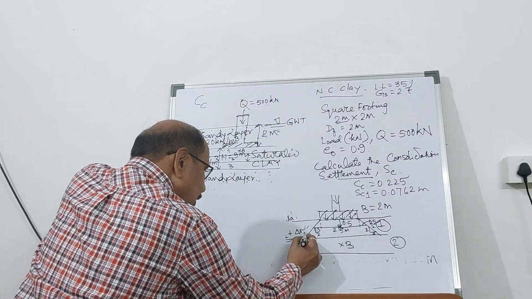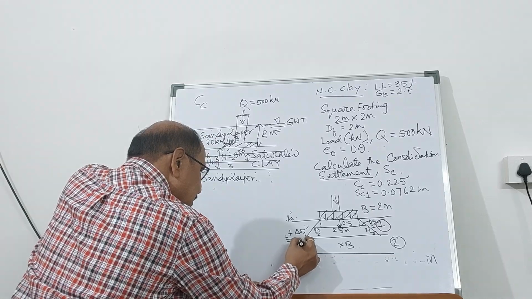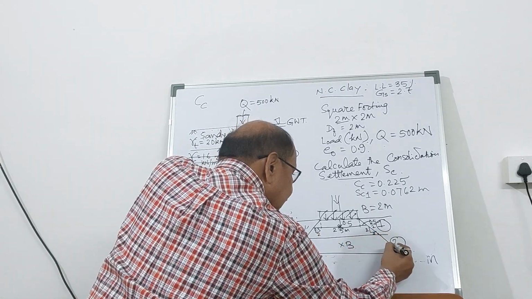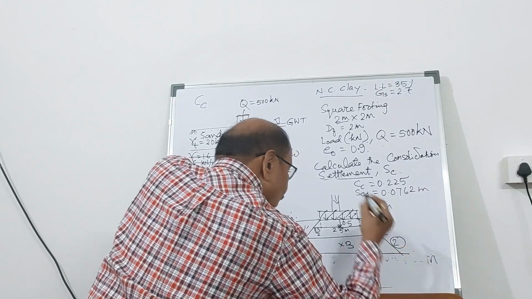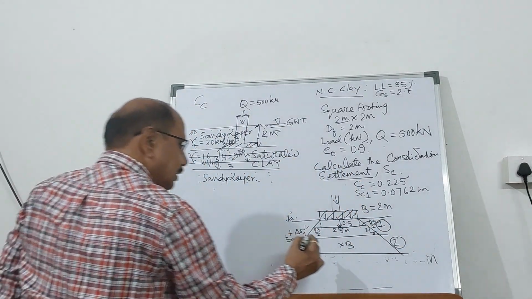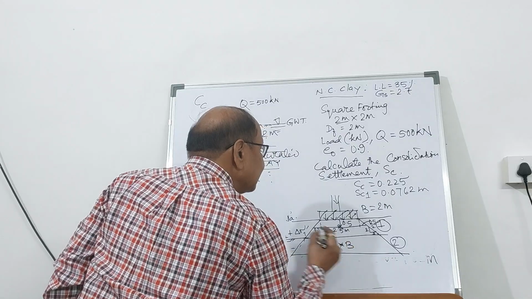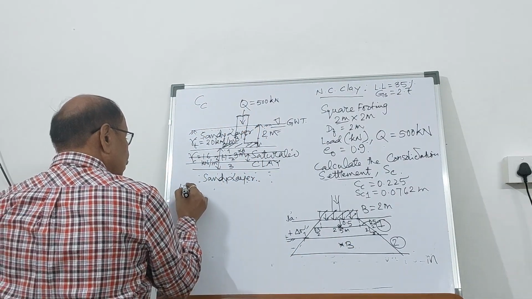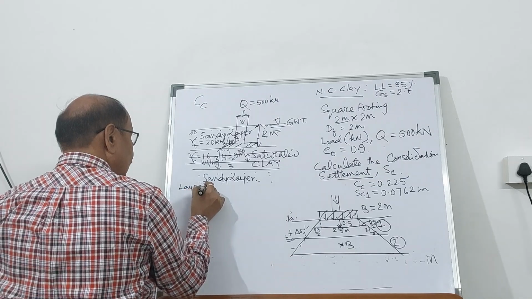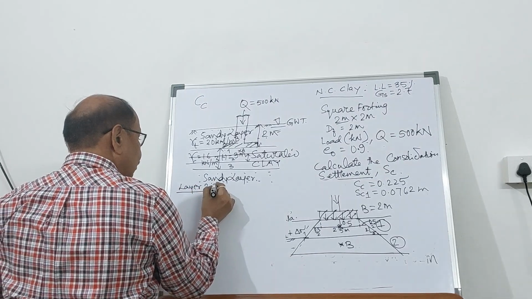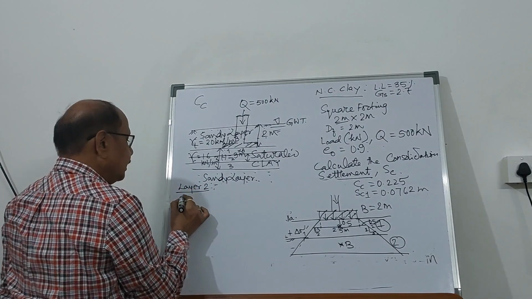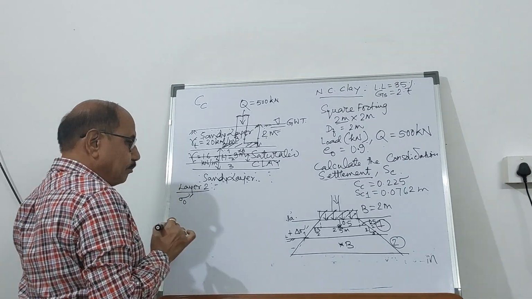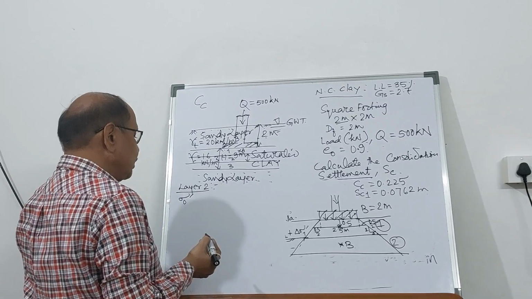So the load is going to spread like this at 2 vertical, 1 horizontal. So for layer 2, at the midpoint, what is the effective overburden pressure? Please calculate the effective overburden pressure due to the self weight of the soil.